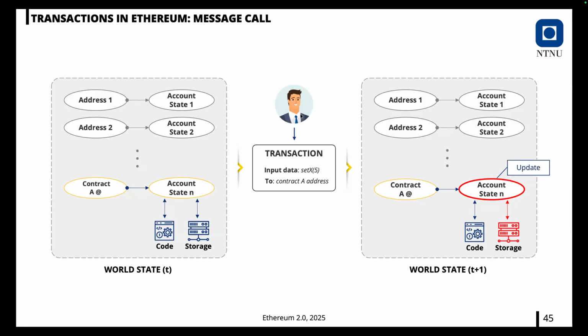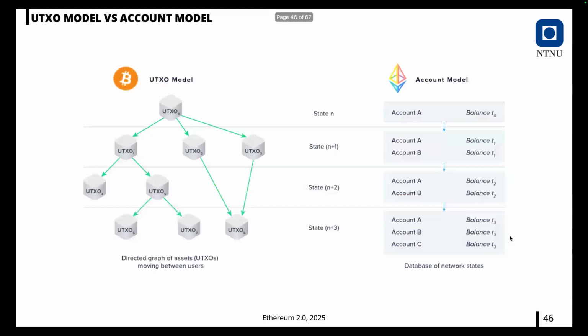The sender is Bob. And then there is an update of the state, which changes the storage. So originally, X was set to 0, and now X is set to 5. So the storage changed from 0 to 5, right? So this is the new state inside the storage.